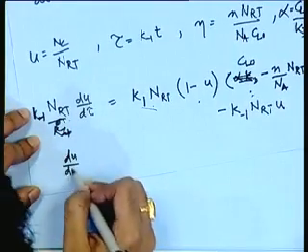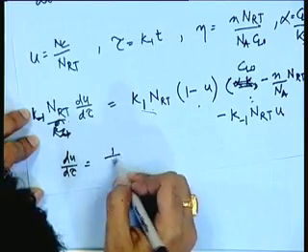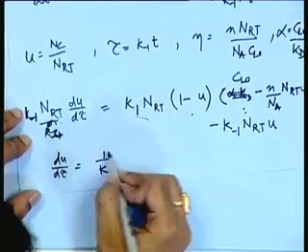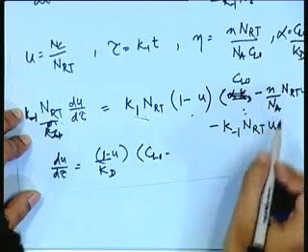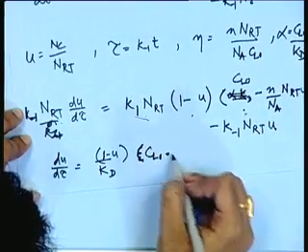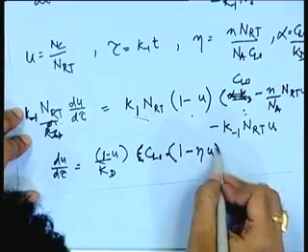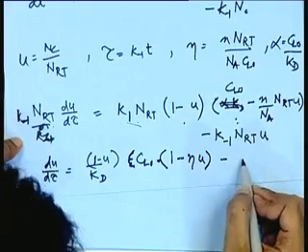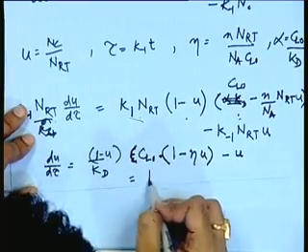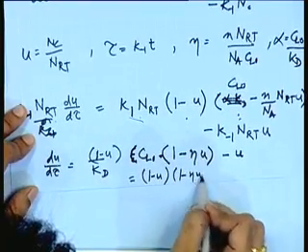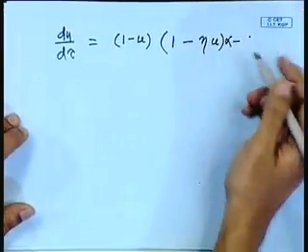You will have del U del tau equals k1 over k minus 1, which is 1 over Kd, into 1 minus U, and this is Cl naught minus nRT. Cl naught I can take out, so this will have 1 minus eta times U, minus U, and this will give me alpha. So this is 1 minus U times 1 minus eta U times alpha, minus U.